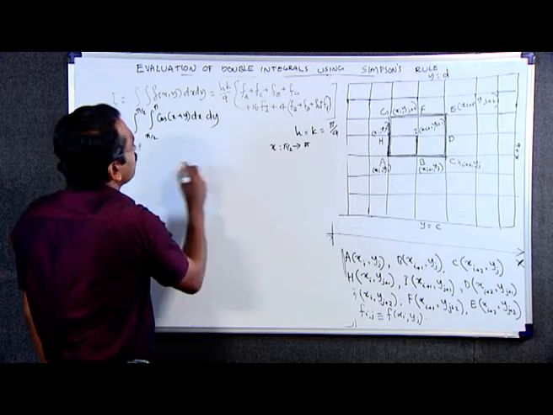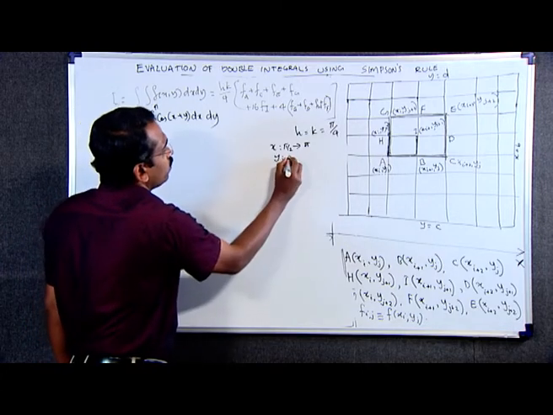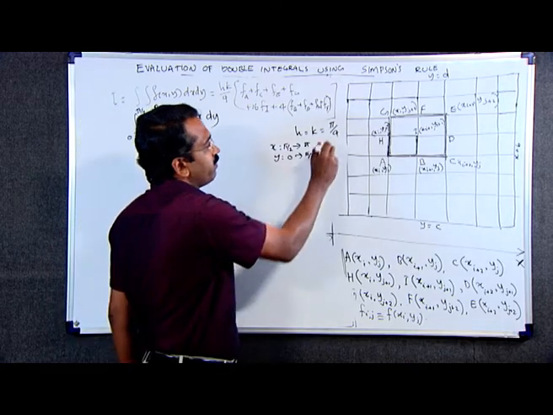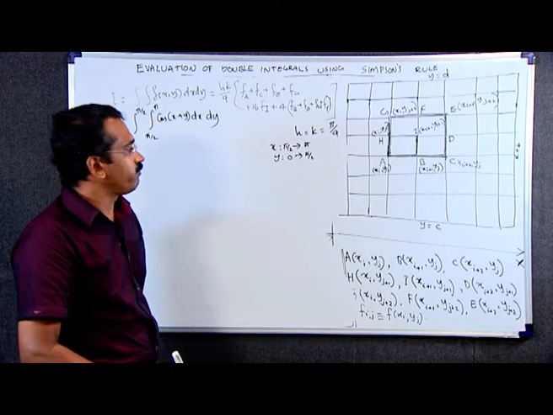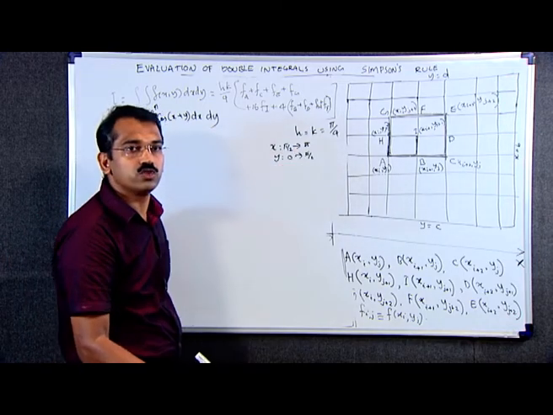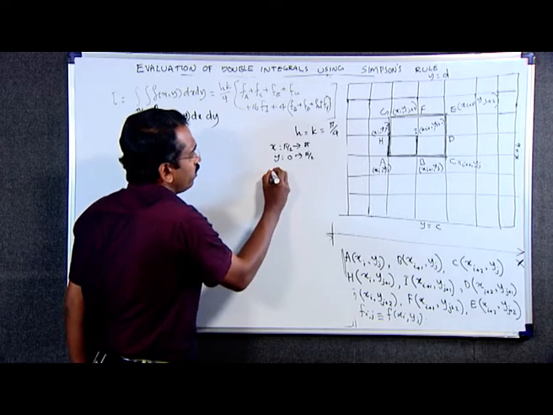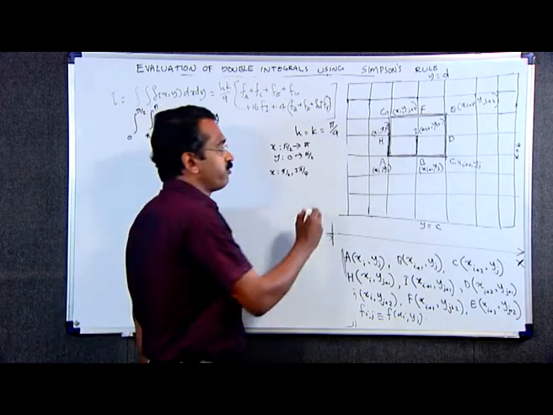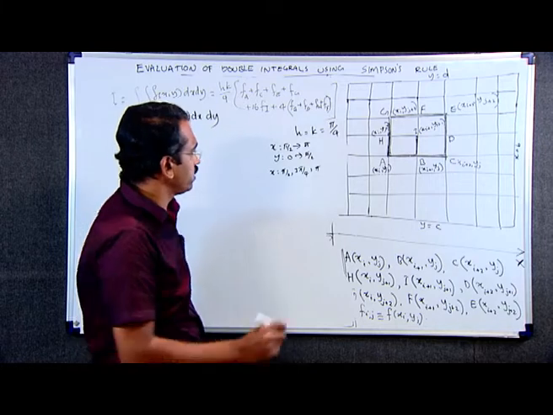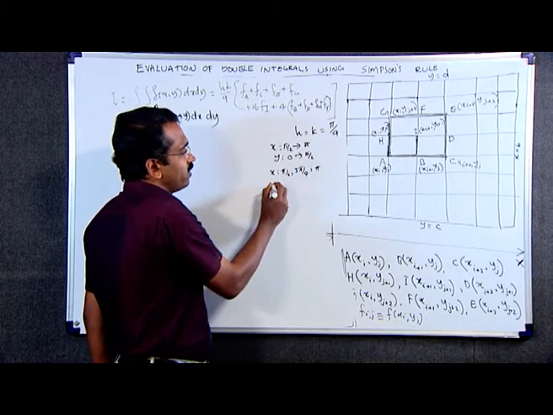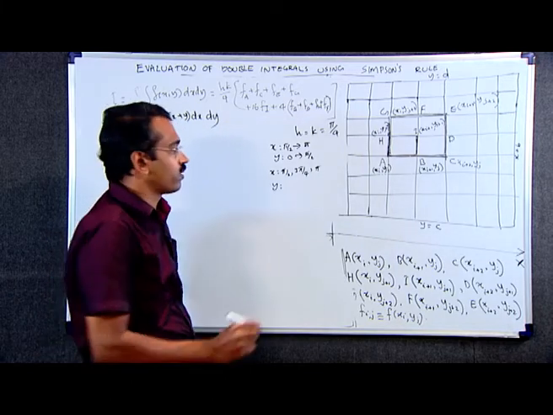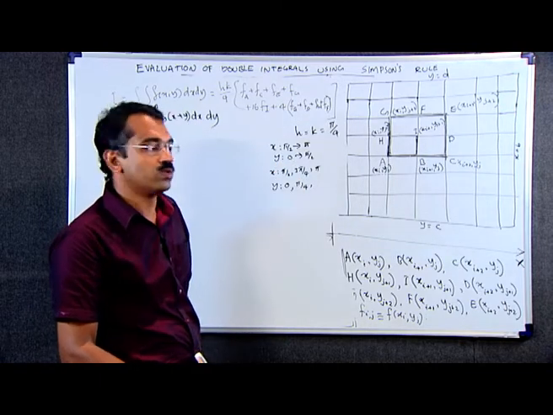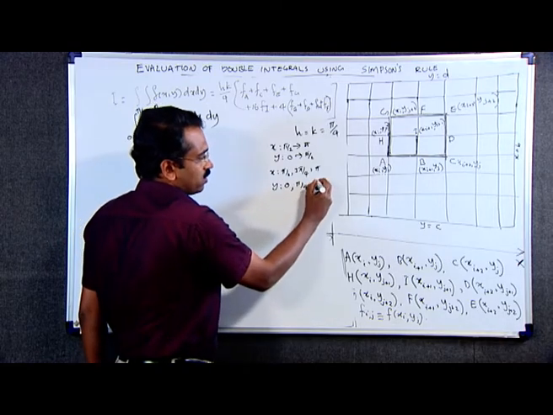Variation of y is from 0 to pi by 2. h and k are taken as pi by 4, which means we have to split this range into pi by 2, 3 pi by 4, and 4 pi by 4, that means pi, and the values of y are 0, pi by 4, and pi by 2. 2 pi by 4, that means pi by 2.